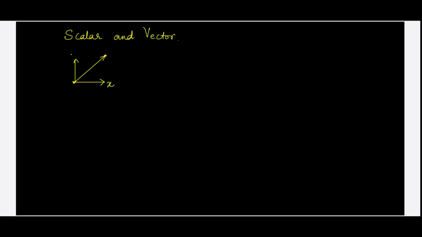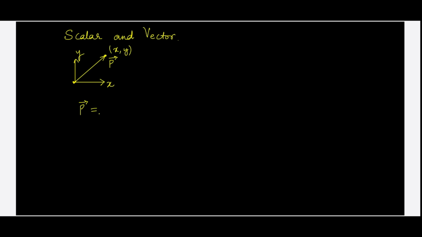So let's say this is our x-axis and this is our y-axis. Now you have a vector. Let's call this P for the position of this point. Let's say the point has coordinates x and y. Now how do we write the vector?